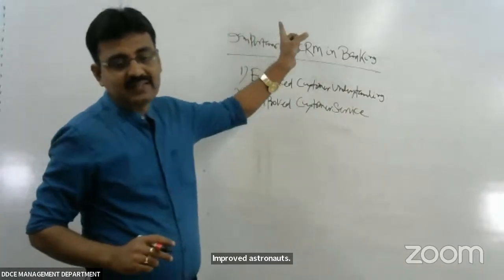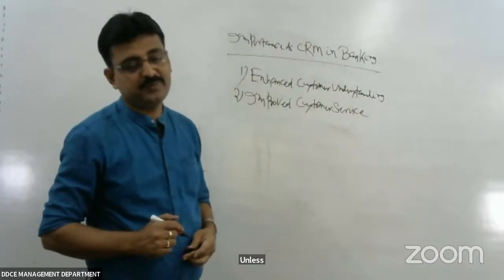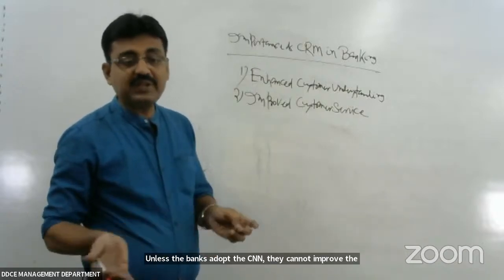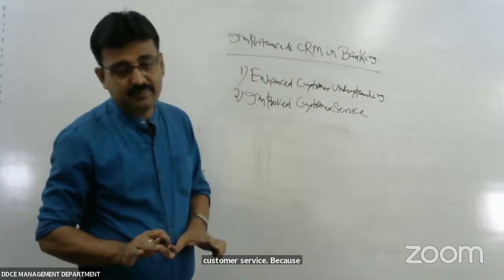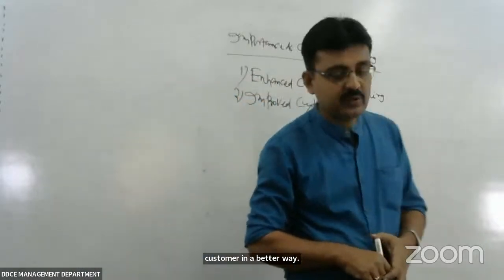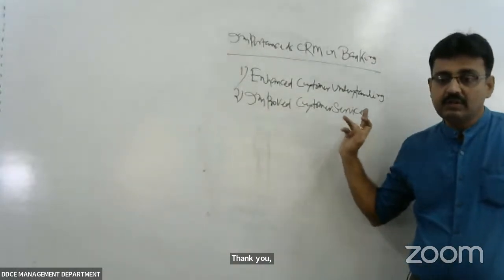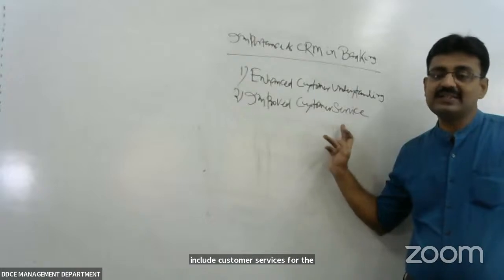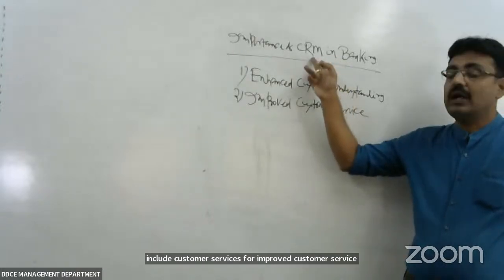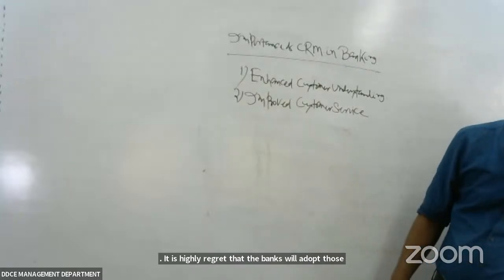Unless and until the banks adopt the CRM, they cannot improve the customer service. Because only when they understand the customer in a better way, they can provide improved services to their customer. So for improved customer service, it is highly required that the bank should adopt the CRM. That is why the importance of CRM is there.